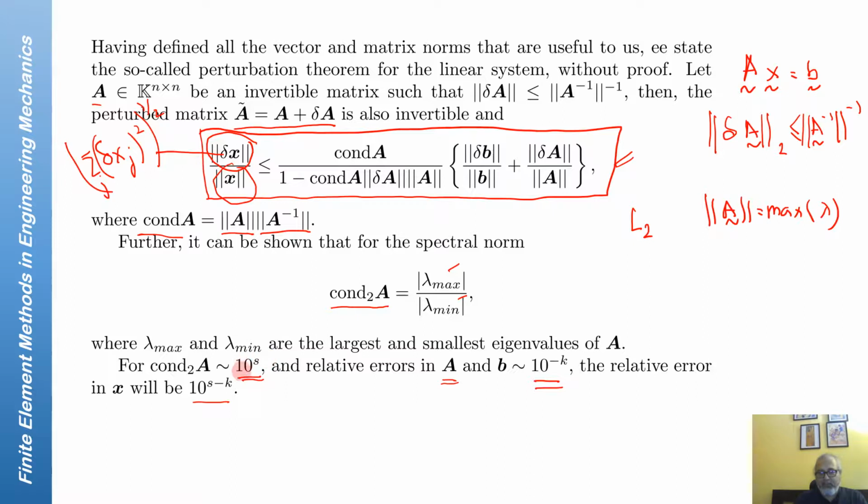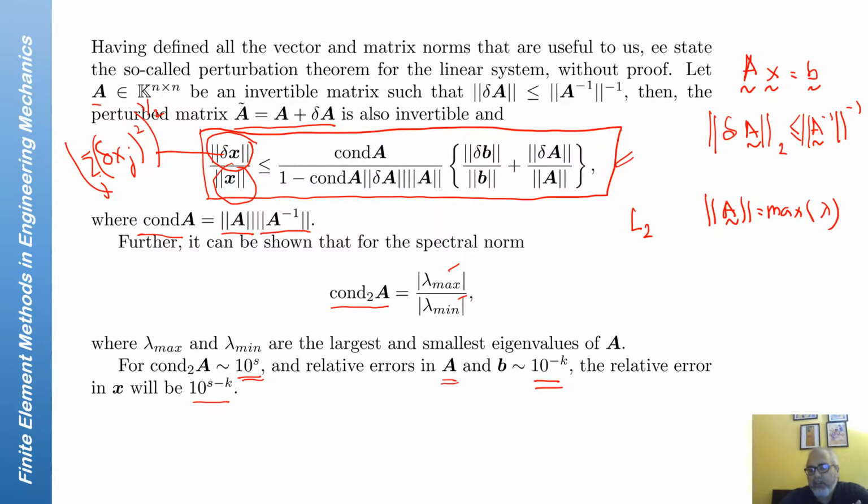So if the condition number is large, then the error will be large as well. You can make a small error here, but the error in x will be large if the condition number of the matrix is large. So the basic result is that we have to look at the condition number of the stiffness matrix to determine how stable the solution is. A very large condition number can potentially lead to an unstable solution for the degrees of freedom.